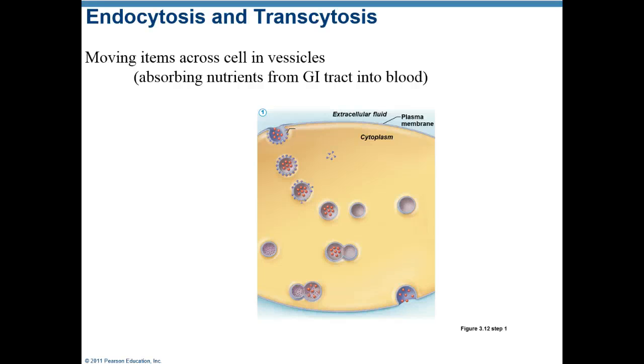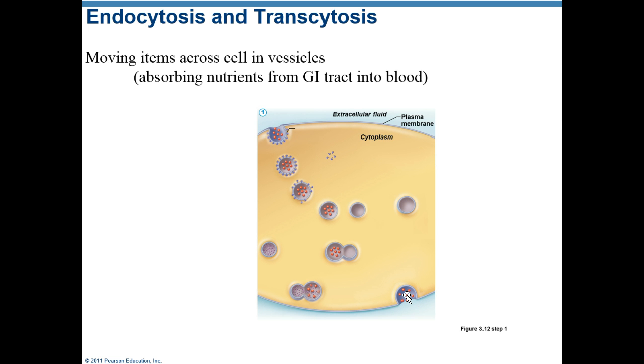Transcytosis is basically endocytosis plus exocytosis. If you look at the figure in the book, they label all of these intermediate steps. All you need to know is that a cell has the capability of pulling something in on this side, transporting it across the cell, and then dumping it out on the other side.